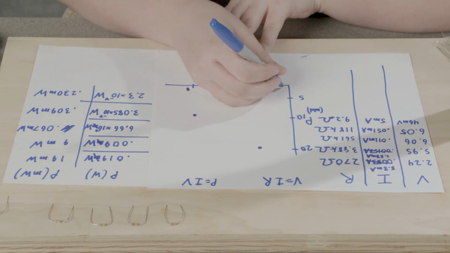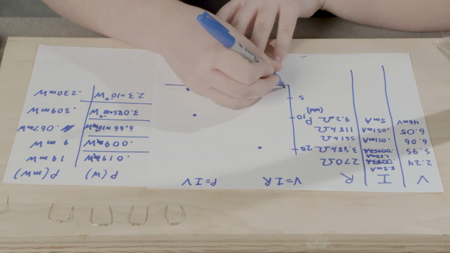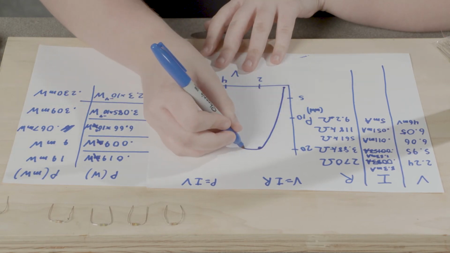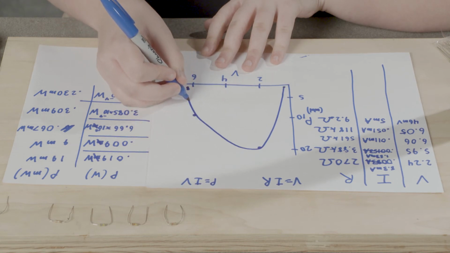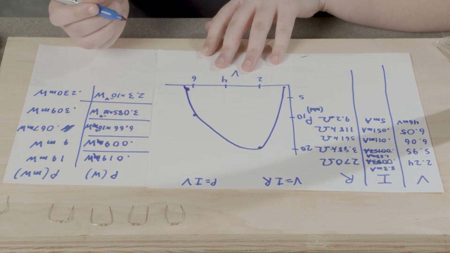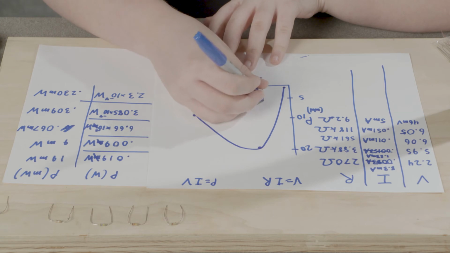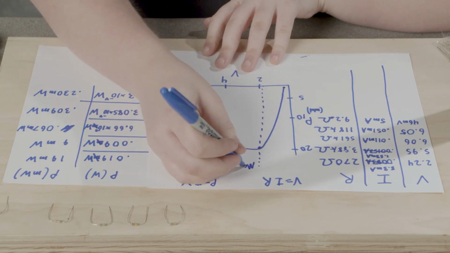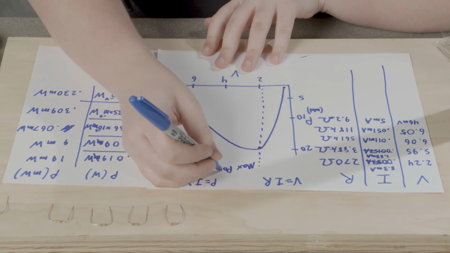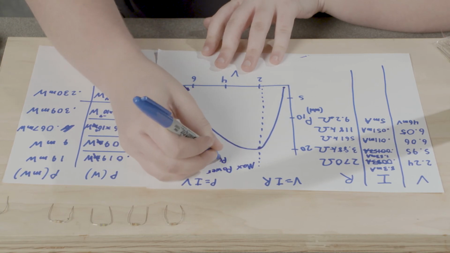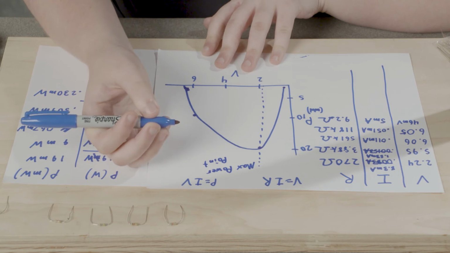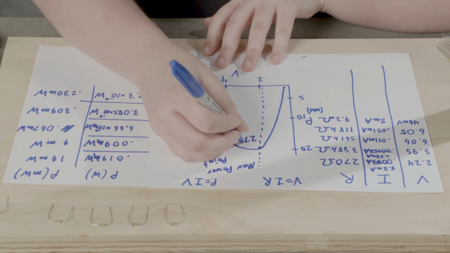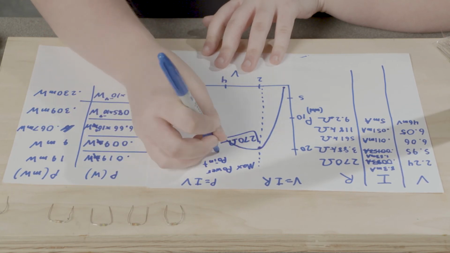So basically, let's say right here. So if we do a little graphing, we'll see that the graph of the solar panel is right here. And the max power point is the resistor 270 ohms.